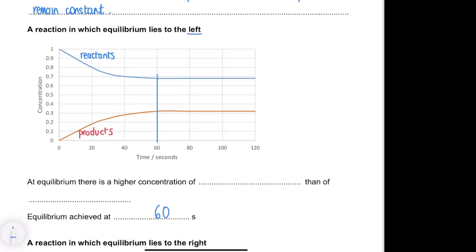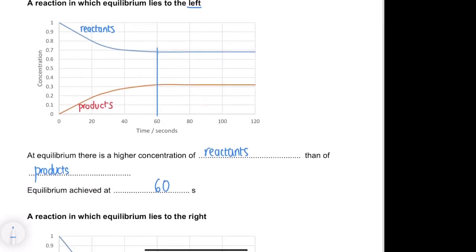What we mean by that is that at equilibrium there is a higher concentration of the reactants than of the products. So we've got more reactants than products at equilibrium, and that would be an equilibrium that lies to the left, close to the reactant side.